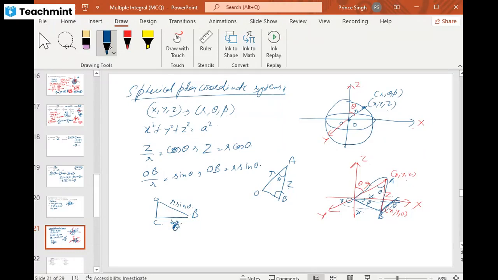This is Y and this is X, and this angle is phi. And if this angle is phi, this angle is 90 degrees, so this angle is 90 minus phi.